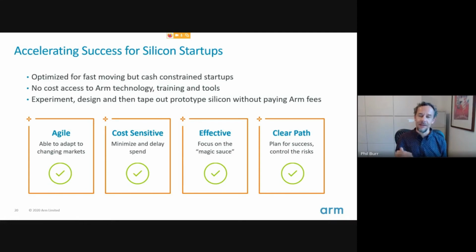And it's really that focus that provides that clear path to success. So it's about using technology that does work, that is proven, and gets to market as quickly as possible, minimizing burn rate. And we believe that ARM flexible access for startups enables that.